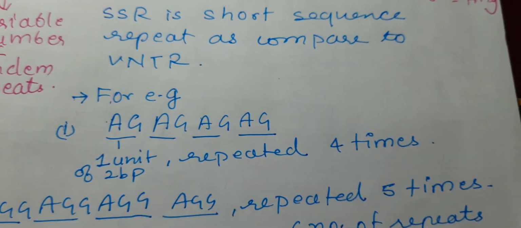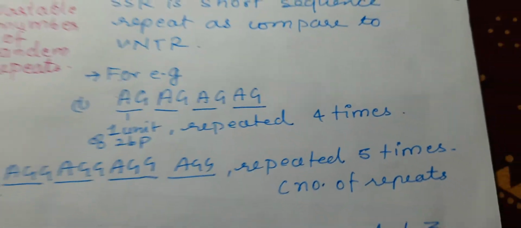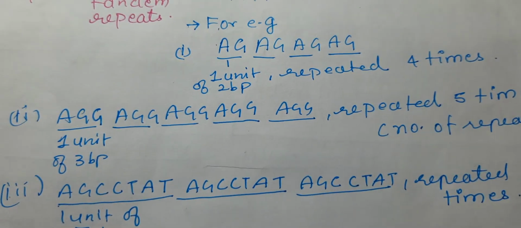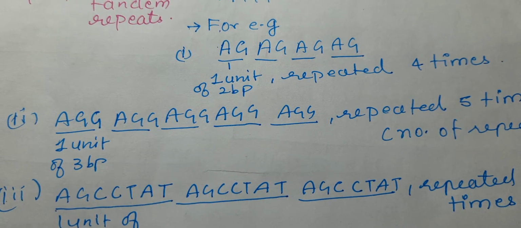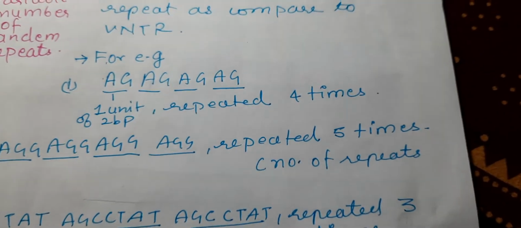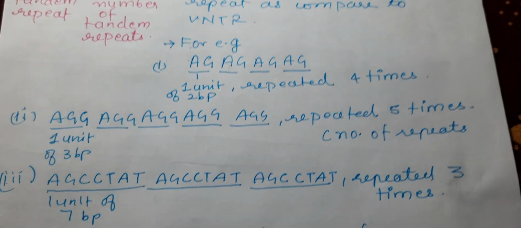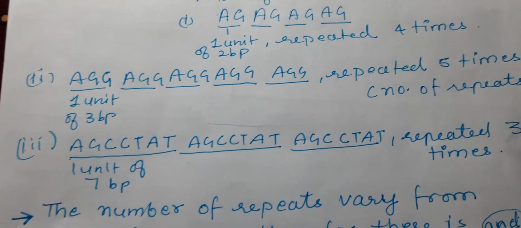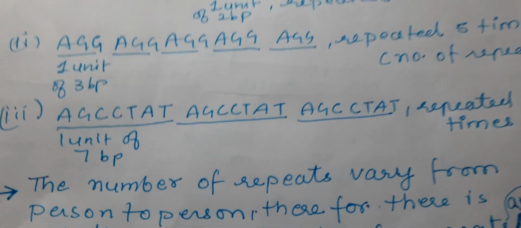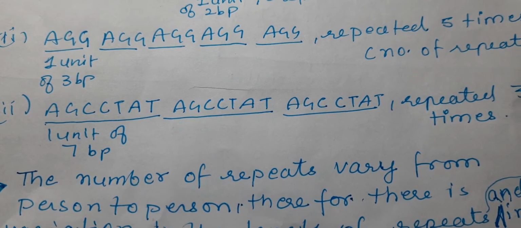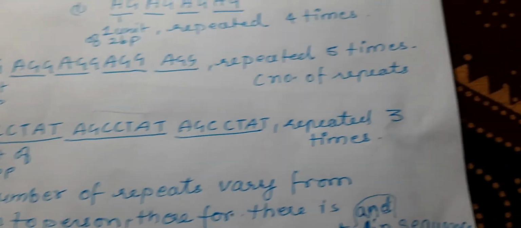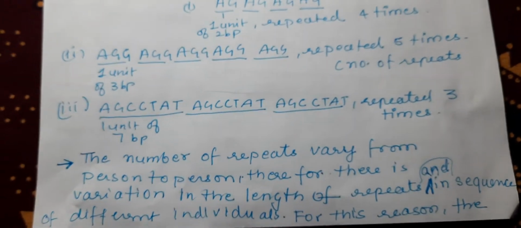So the number of times it is repeated is 4 times. Similarly, if you see AGG, so AGG forms one unit and repeated here 5 times. So number of repeat is 5 times and unit of repeat is 3 base pair. Similarly, one unit consists of 7 base pair and repeated 3 times.